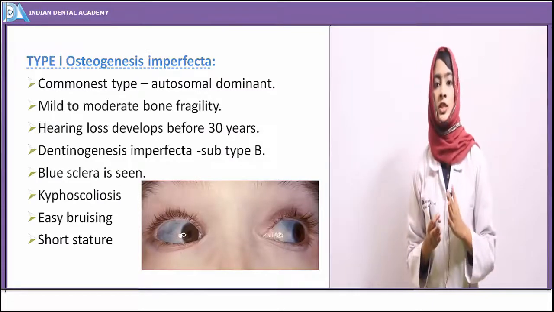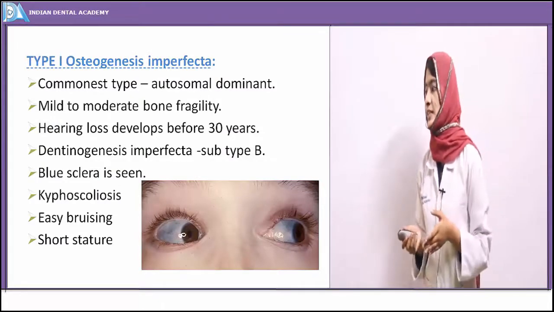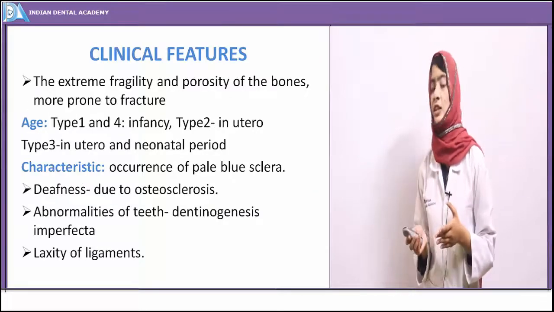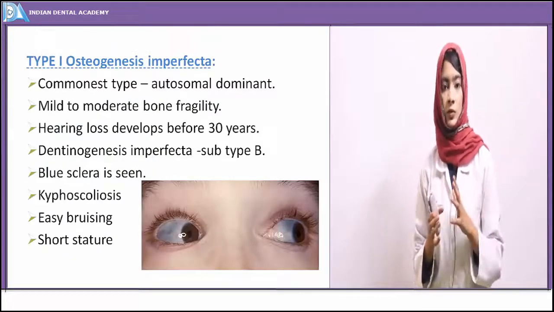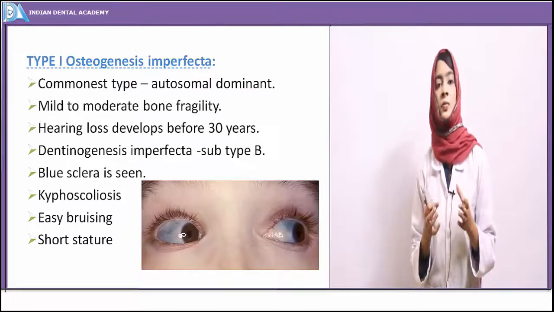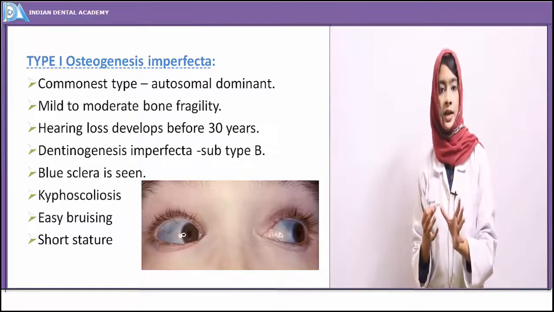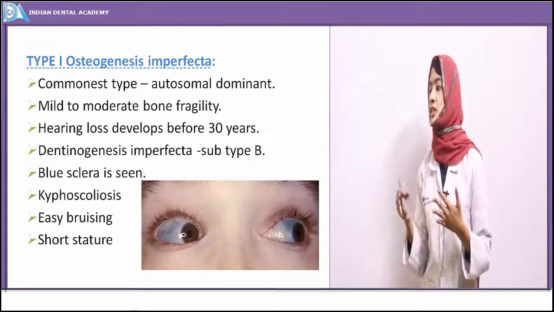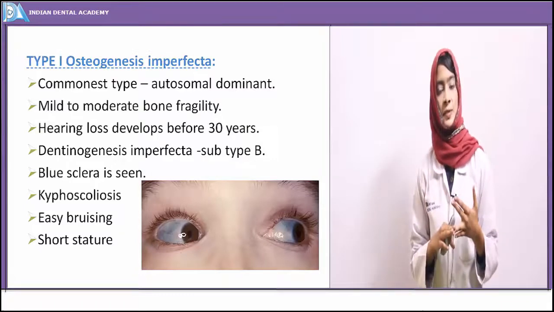Type 1 osteogenesis imperfecta is basically seen in infants, present at the time of birth. Here the bone fragility or weakness of bones is mild to moderate. It's associated with fractures, and pale blue sclera is present.